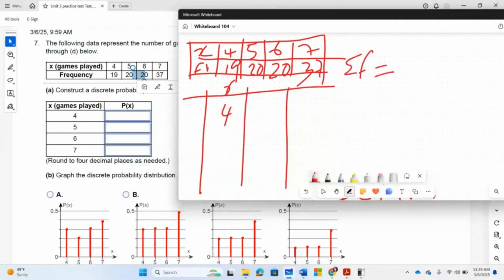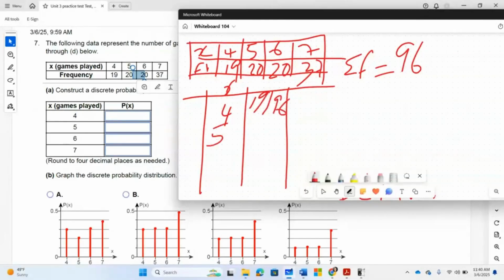So this is going to give me 20 plus 20 plus 19 plus 37, which is 96. So the sum of the frequencies is 96. So for random variable 4, the relative frequency or probability is 19/96.